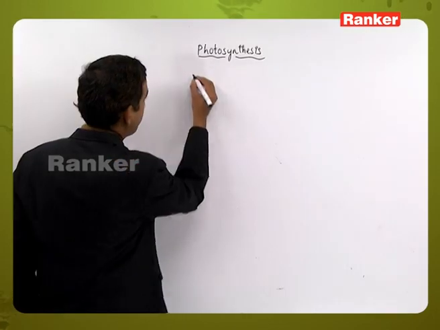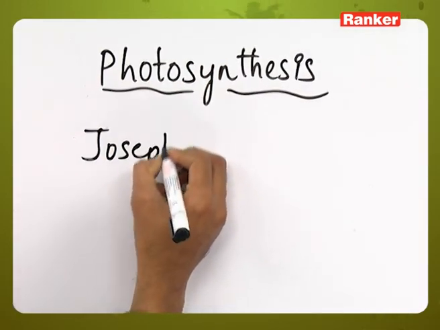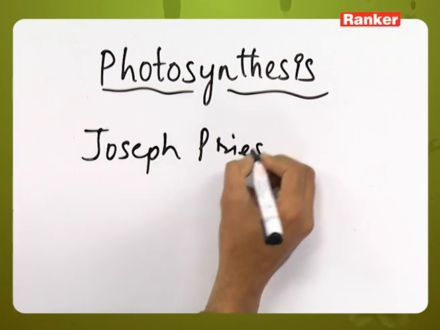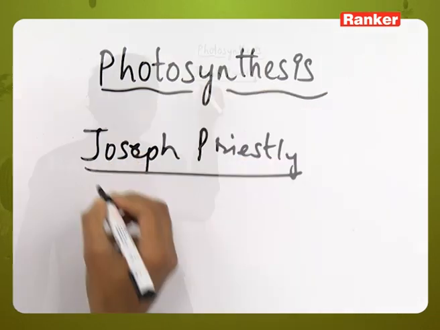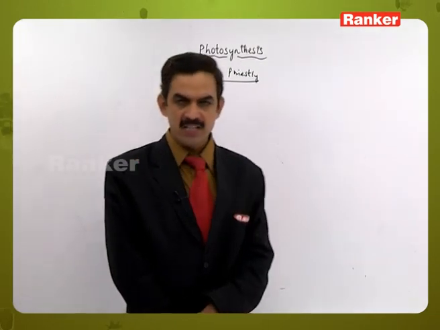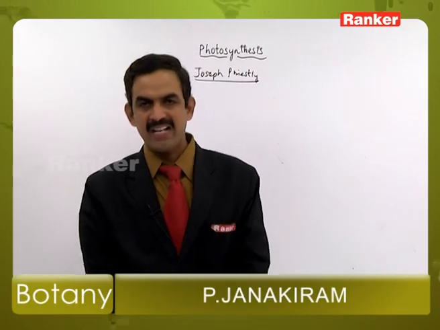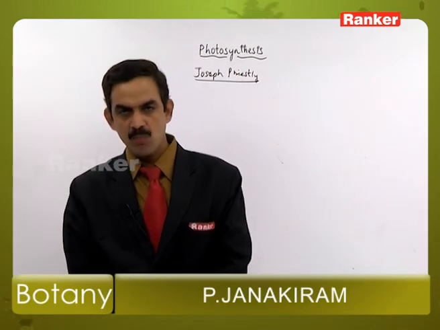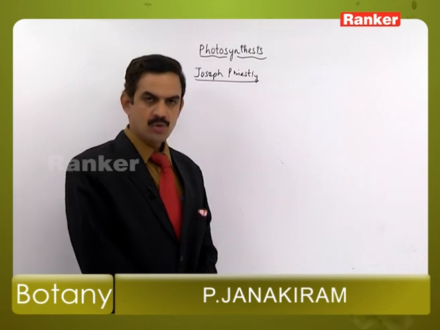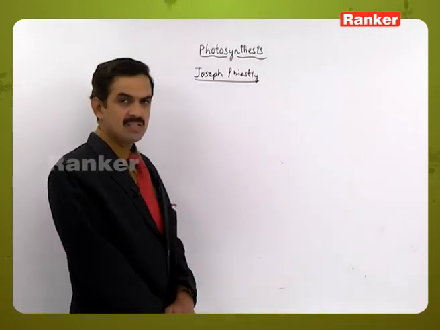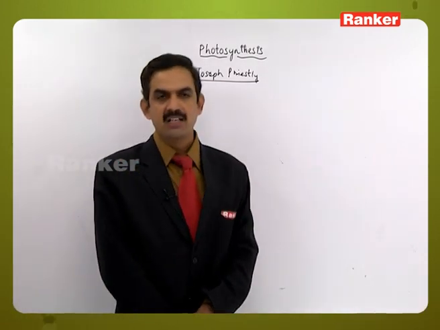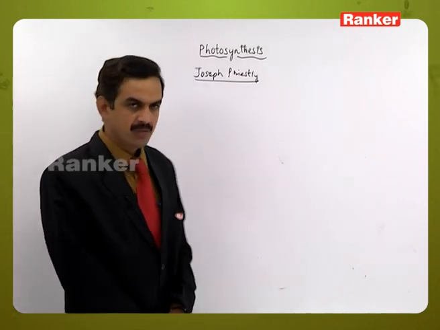So next one is Joseph Priestley. He had conducted an experiment to demonstrate the significance of air in the photosynthetic process. Here he had taken a jar, a candle, and a mouse.